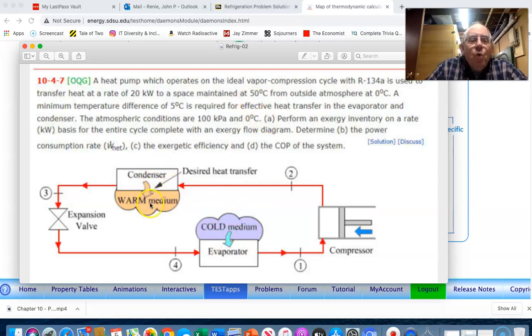And so because of that, there is heat transfer boiling that refrigerant at -5. Likewise, since the warm region is at 50, in order for there to be heat transfer from the refrigerant to the warm region, the temperature in this condenser cannot drop below 55.